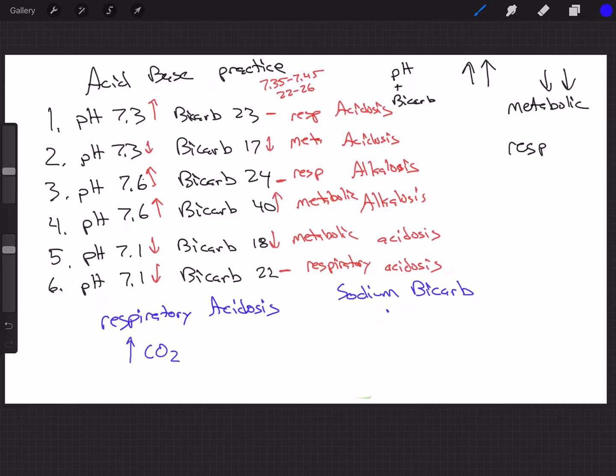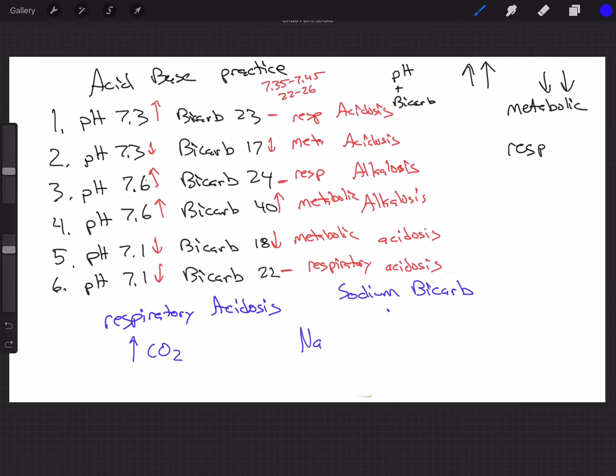Well, sodium bicarb, we're just going to look at the formula for that. So it's NaHCO3, sodium and bicarb, and we want that to combine with hydrogen ions. This is a minus, this is a plus, and they'll turn into sodium by itself plus water plus carbon dioxide.